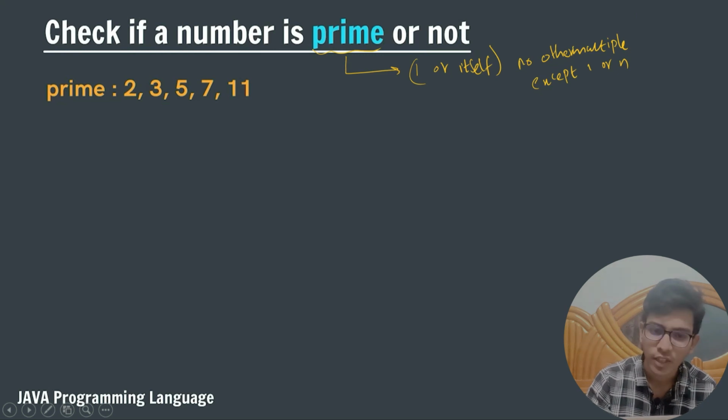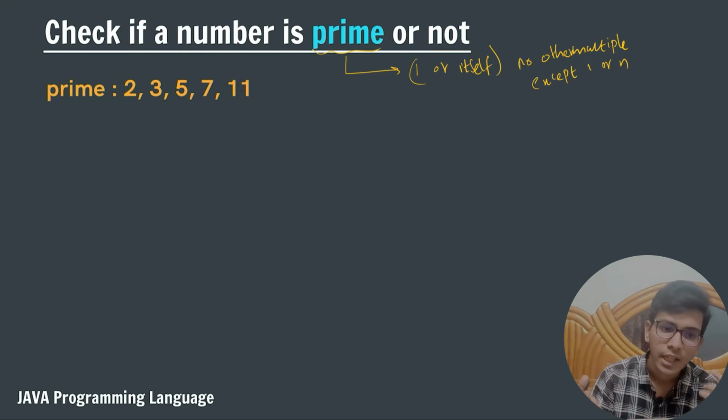Let us say the number is n, then it has only two multiples, that is 1 or n. So if the given number is not divisible by any other number except 1 or that particular number, we can say that the given number is a prime number. If it is divisible by any other number, then we can simply say that the given number is not a prime number.